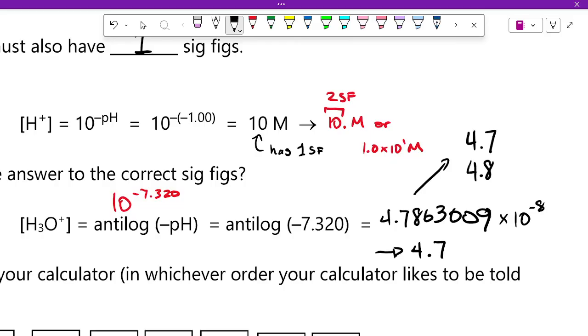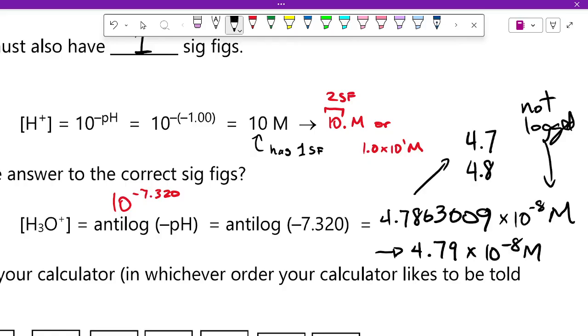How many digits should we have? We should have 3 digits, right? Because we're now back into molarity, which is not logged. So we want 4.79. That's 3 sig figs times 10 to the negative 8 molar.